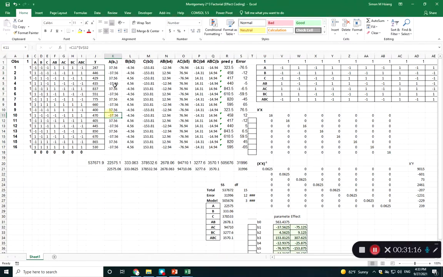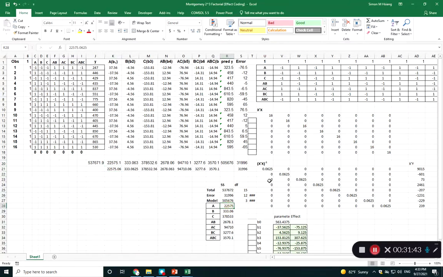Positive, negative, positive, negative. I have a bunch of A positive, A negative. I'm on that side of the negative 37, or I'm on this side of the positive 37. So a bunch of negative wall, a bunch of positive wall. And then what's the total variation? It depends on how many negative wall, how many positive wall. And when you combine them together, you get your sum of square.